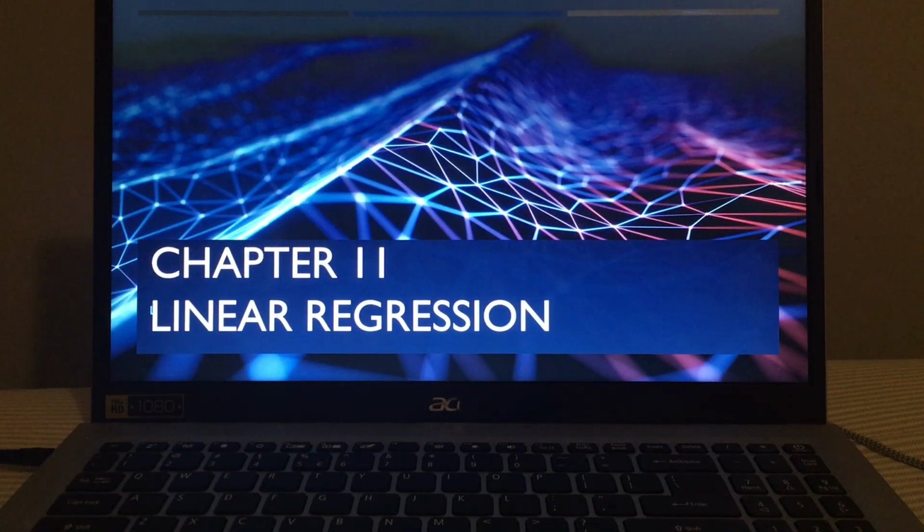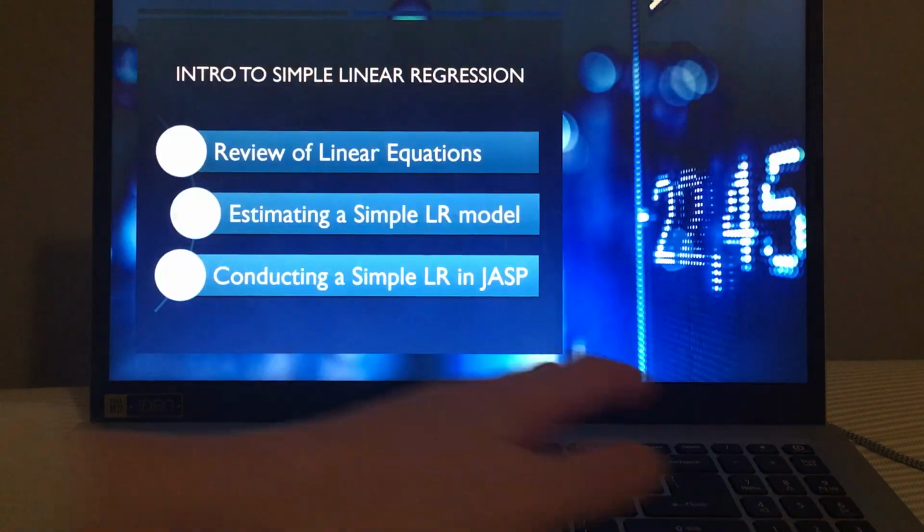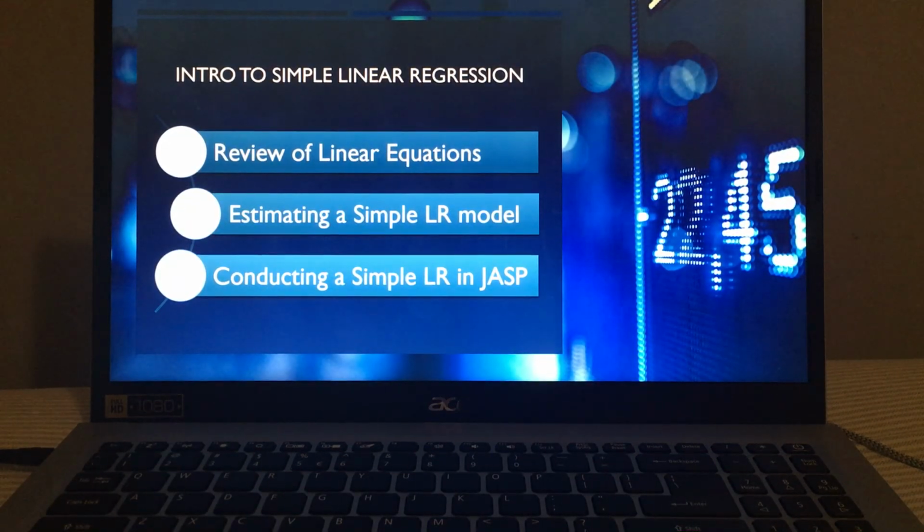Moving into our next section, 11.2 on page 2, we're going to do an introduction to simple linear regression. So stripped to its bare essential parts, simple linear regression models are basically a slightly fancier version of our Pearson correlation. Though, as we're going to see, regression models are much more powerful tools.